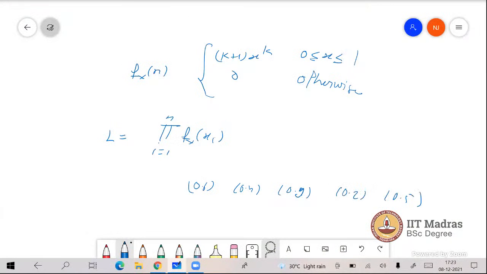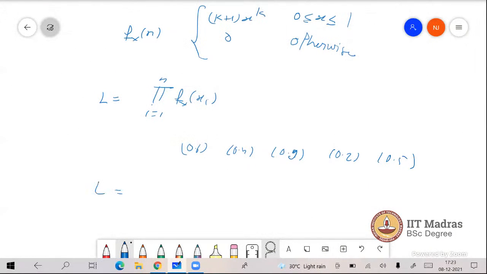Now give me the likelihood function. Sir, the likelihood function is (k plus 1) raised to n, here raised to power 5, times x1, x2 up to xn, the product of all these, right?